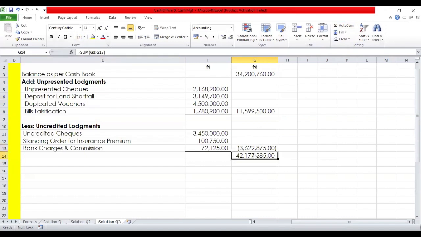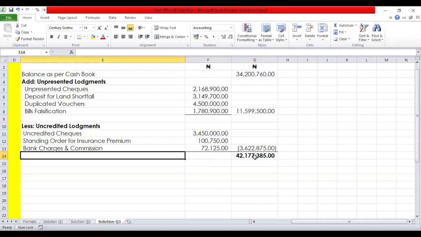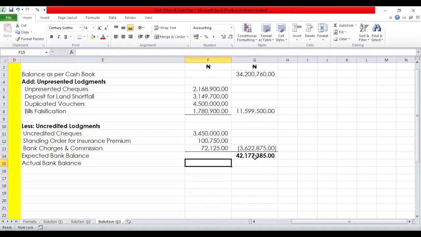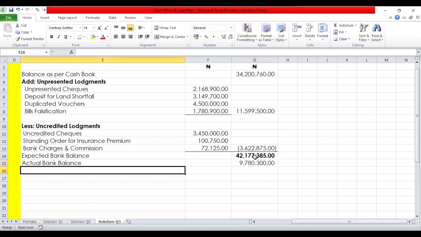Look at what we have in the bank. Expected bank balance. Actual bank balance, how much? 9 million, 780,300.